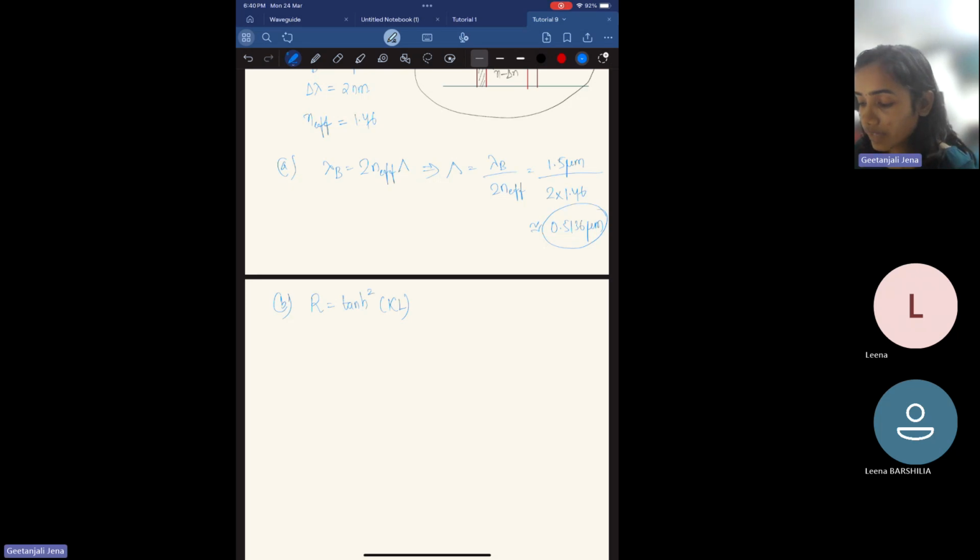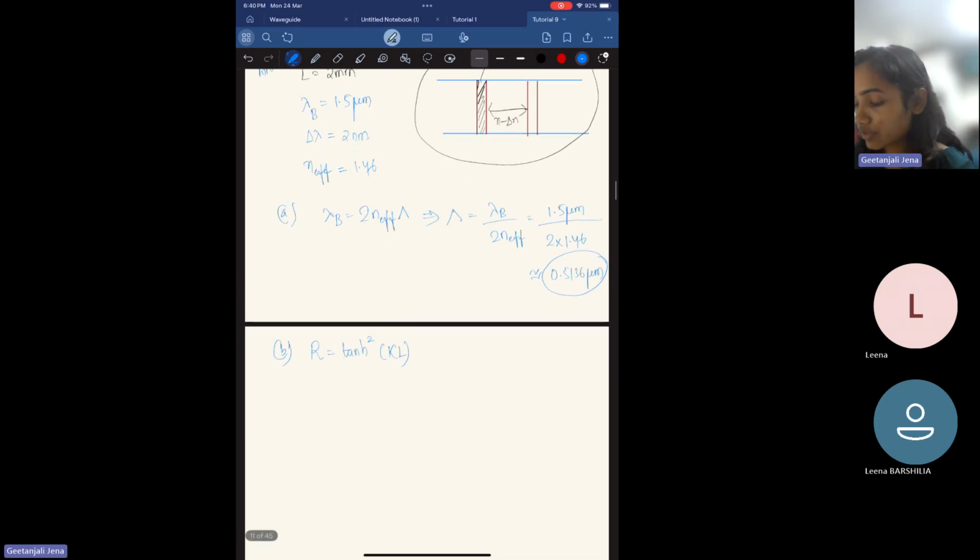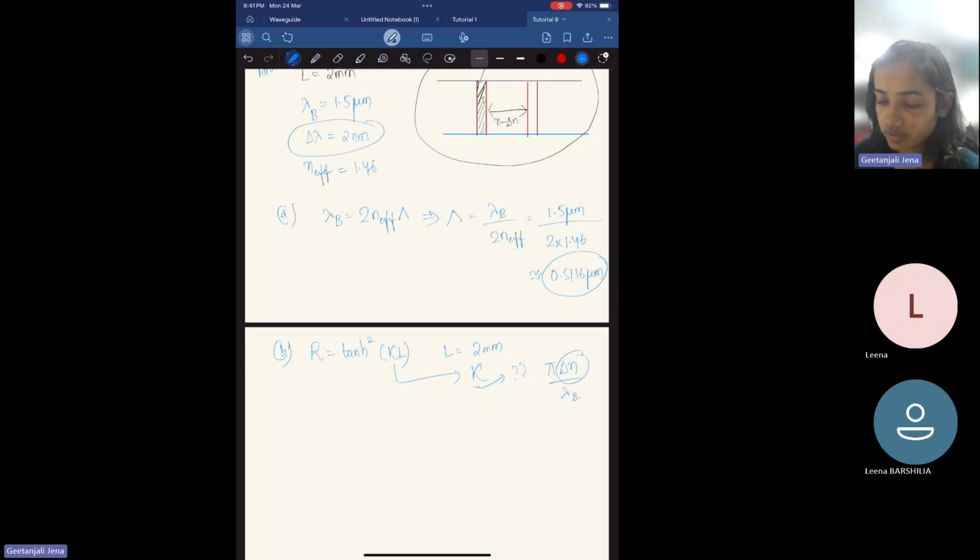L is already given to us, which is 2 millimeter, but we don't know the value of κ for this fiber Bragg grating. And Δn is also not known to us. So we can't use the formula πΔn by λ_B. What is given to us is Δλ, which is the bandwidth of the reflection spectrum.